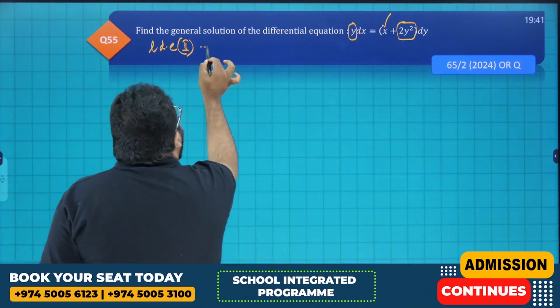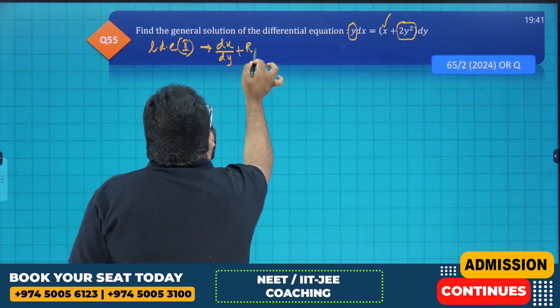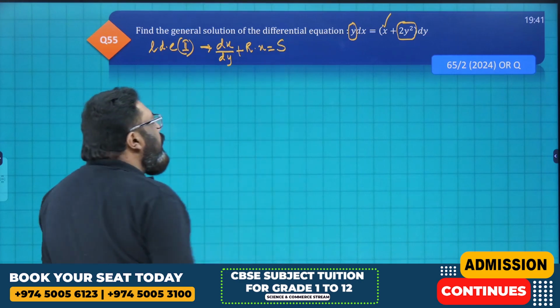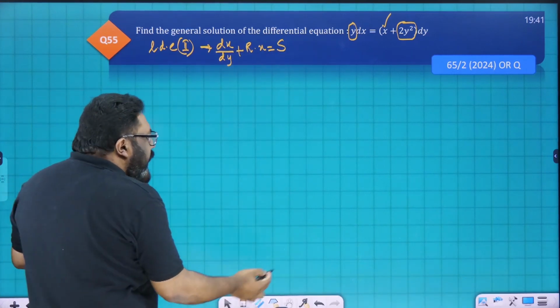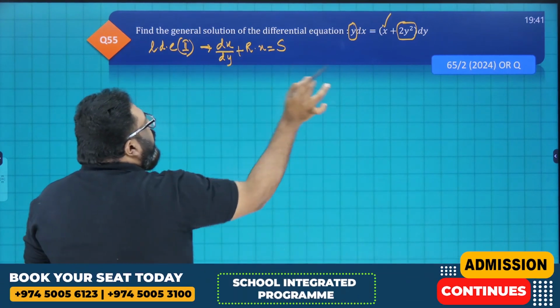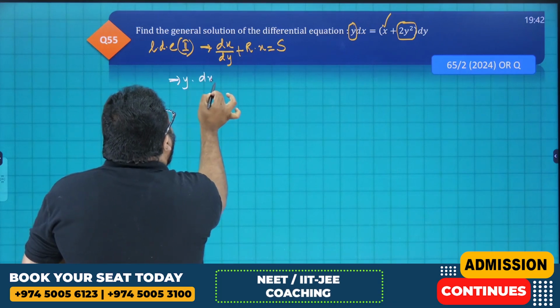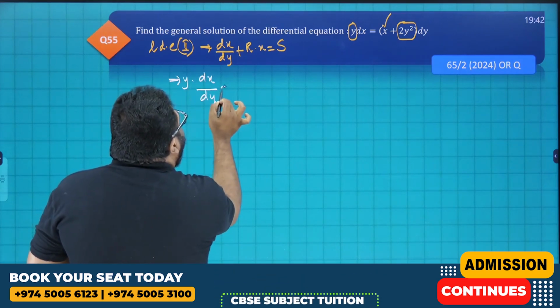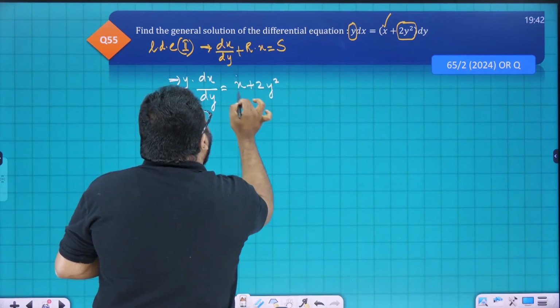A 3-mark question. LDE type 2 says you should write it as dx by dy plus r into x is equal to s. I need dx by dy plus r into x. So let's see, I will divide with dy everywhere. So I will get my equation as y into dx by dy, dividing dy everywhere, x plus 2y squared.